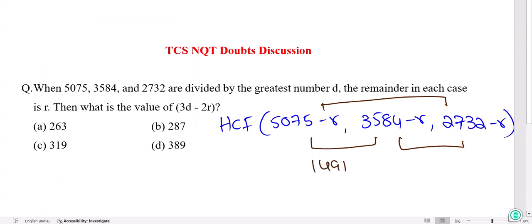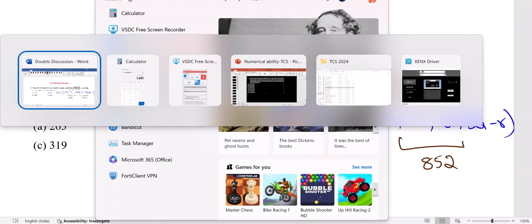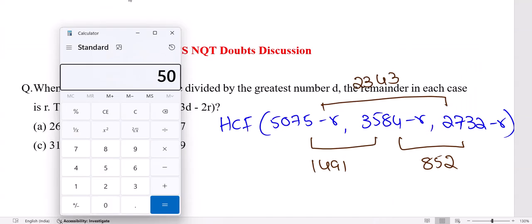Whereas here, what is the difference? If I'm not wrong, 852 is the difference. And what's the difference between the first and last one? 5075 minus 2732, yeah, 2343.